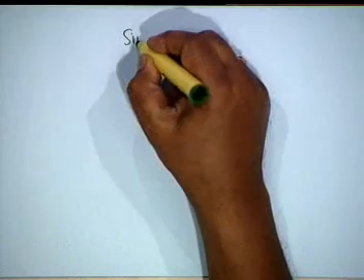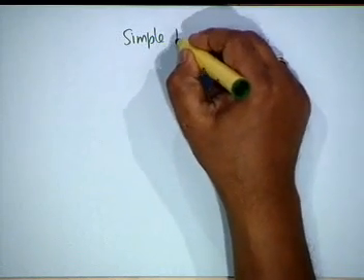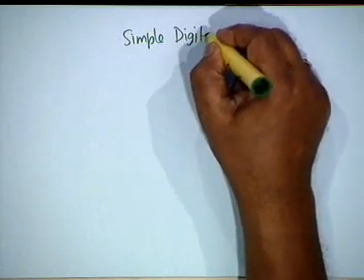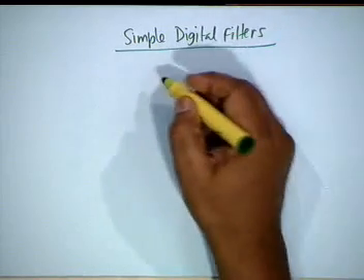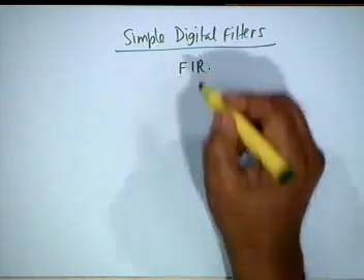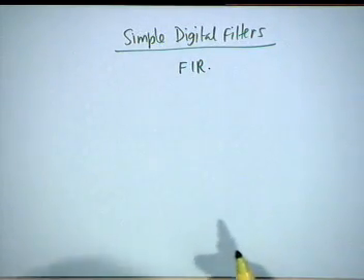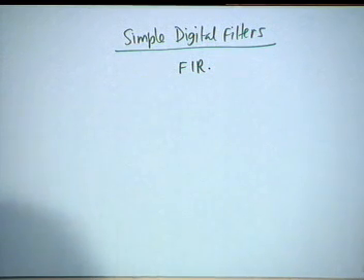Now, we continue our discussion on filtering and take some very simple examples of filters. First, we consider some simple FIR digital filters. It is much simpler to consider rather than IIR.